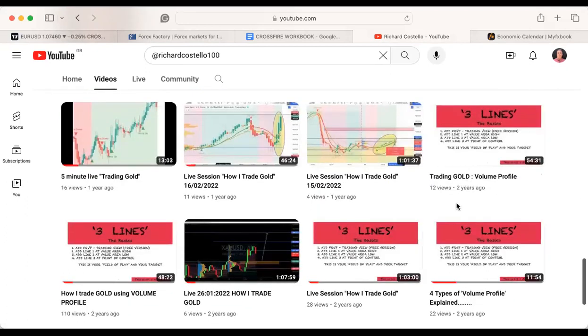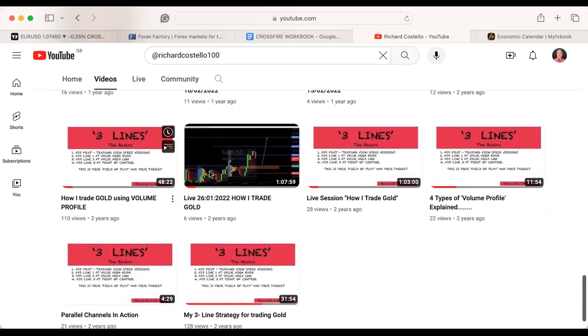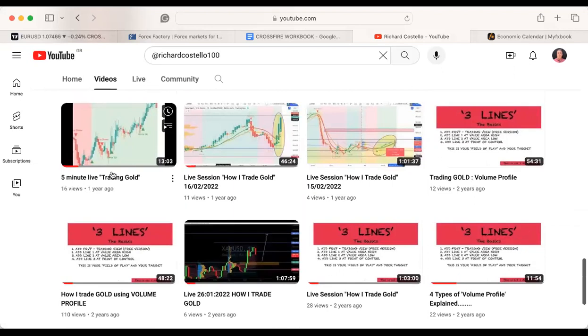The 3 lines ones are about yesterday's POC and the value area high, value area low. So, parallel channels. I'm just looking for a short one. 4 types of volume profile explained. How I trade gold. 5-minute live trading gold. That was a quick one.